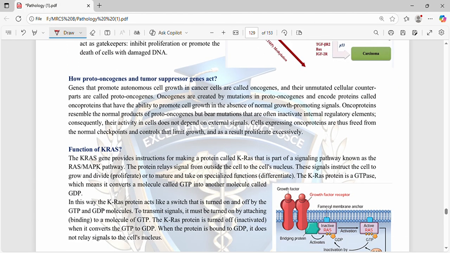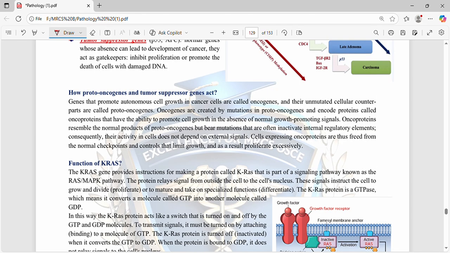How do proto-oncogenes and tumor suppressor genes act? Genes that promote autonomous cell growth in cancer cells are called oncogenes, and their unmutated cellular counterparts are called proto-oncogenes. Oncogenes are created by mutation in proto-oncogenes and encode proteins called oncoproteins that display the ability to promote cell growth in the absence of normal growth promoting signals.